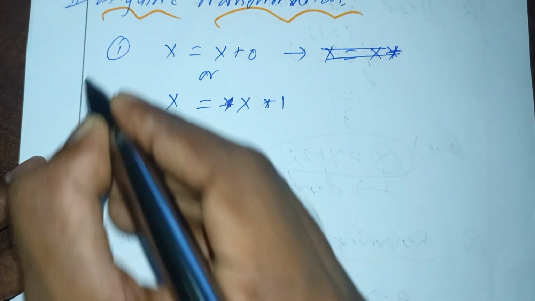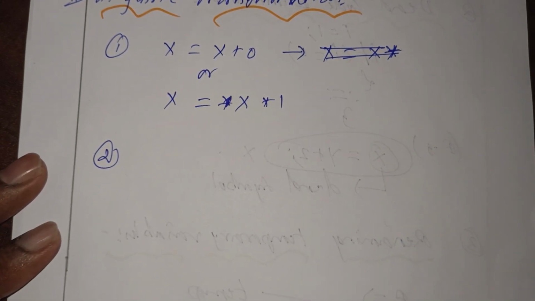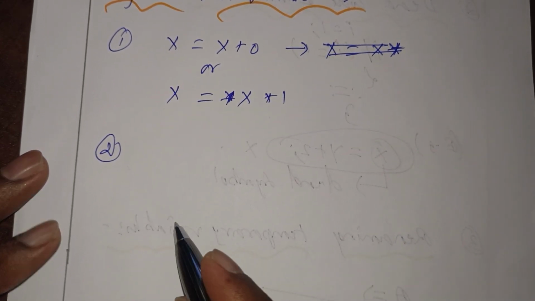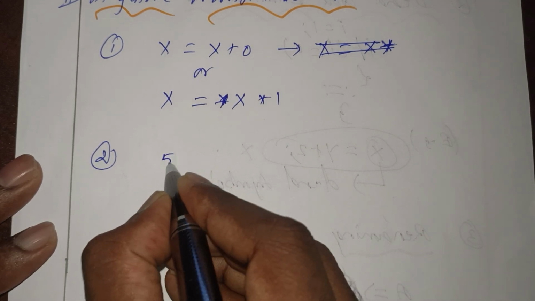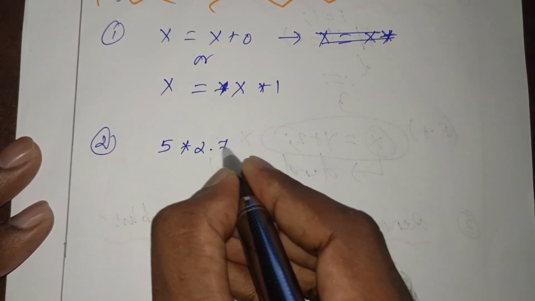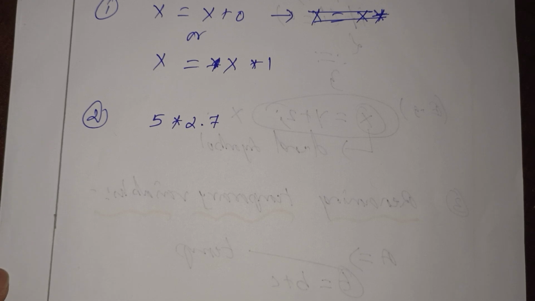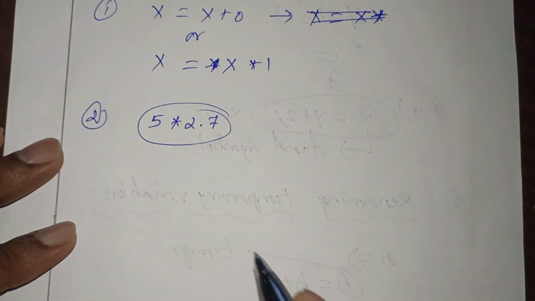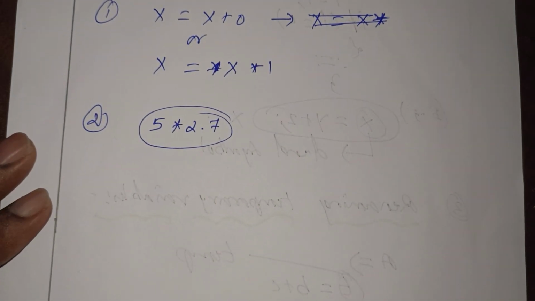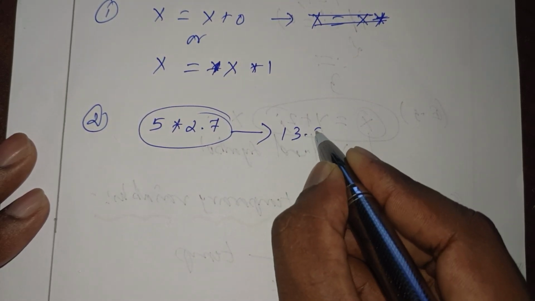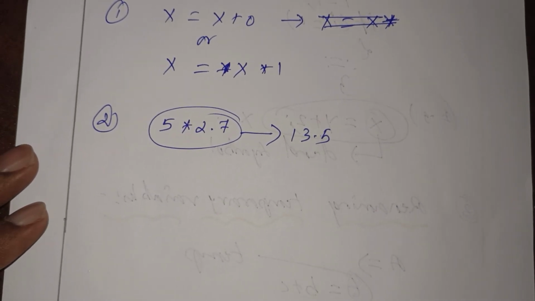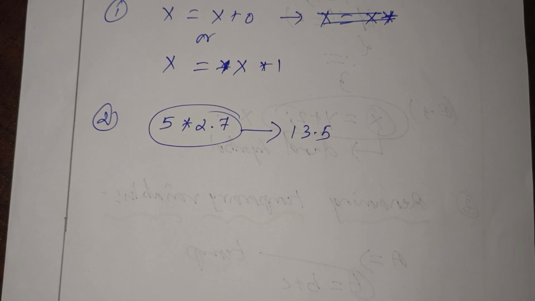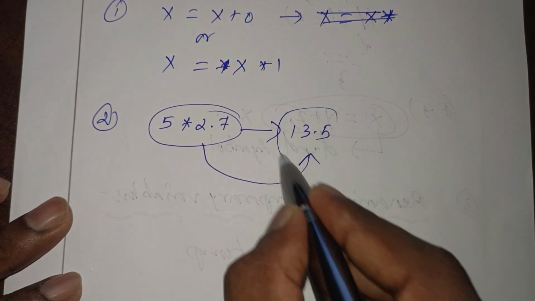In constant folding, at compile time, we evaluate the constant expression and replace it. For example, 5 asterisk 2.7 can be replaced with 13.5. This is what the algebraic transformation is really doing. This is a transformation of optimization.